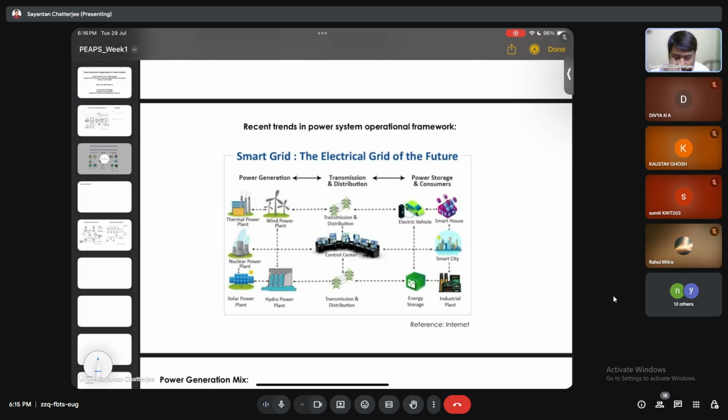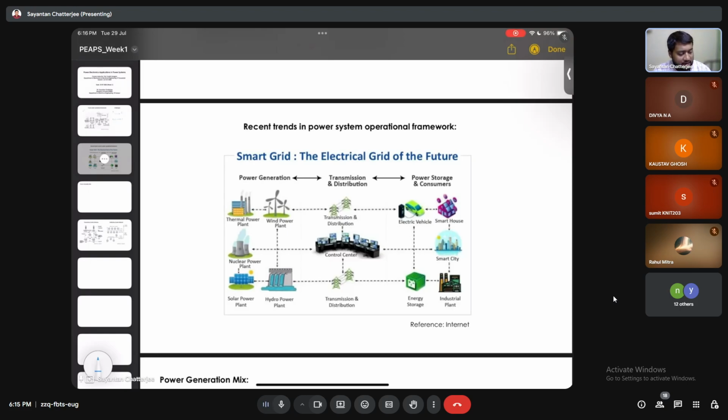I have taken some data from 2025 on the global mix of the participation of installed capacity of the conventional units as well as the renewables. I'll show you within some time.